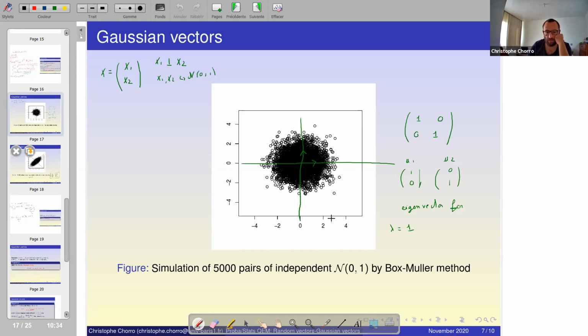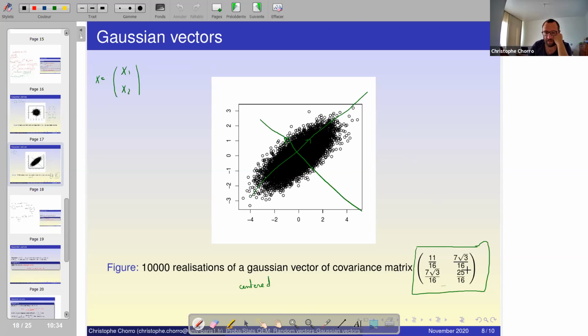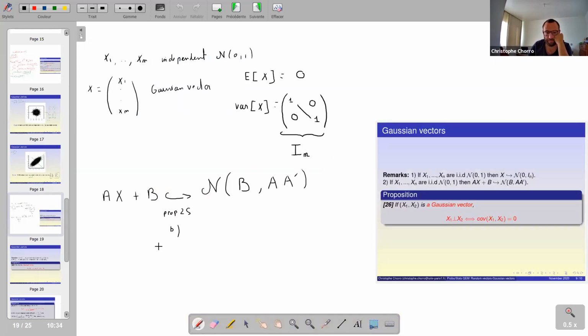Here, I haven't explained how I can find a Gaussian vector that is centered and with this particular variance covariance matrix. So let me tell you a few words about this topic.